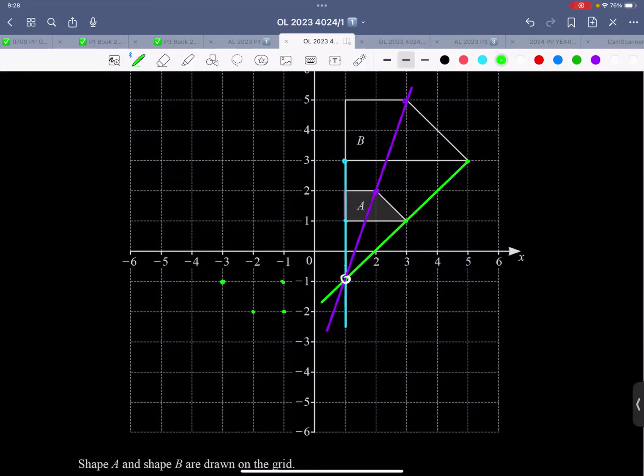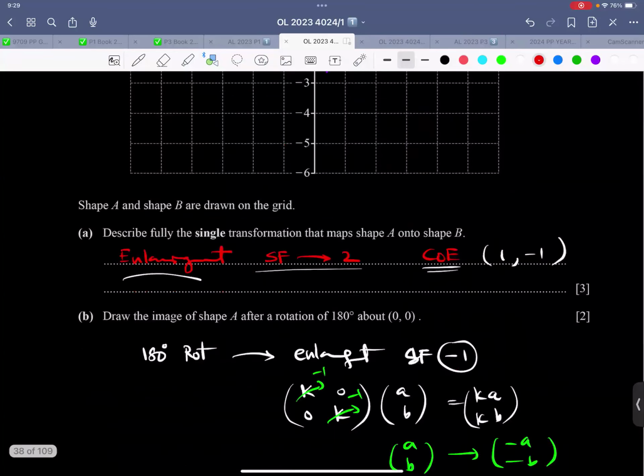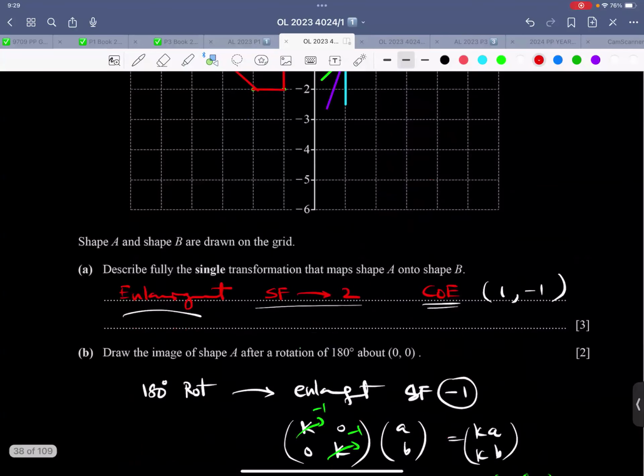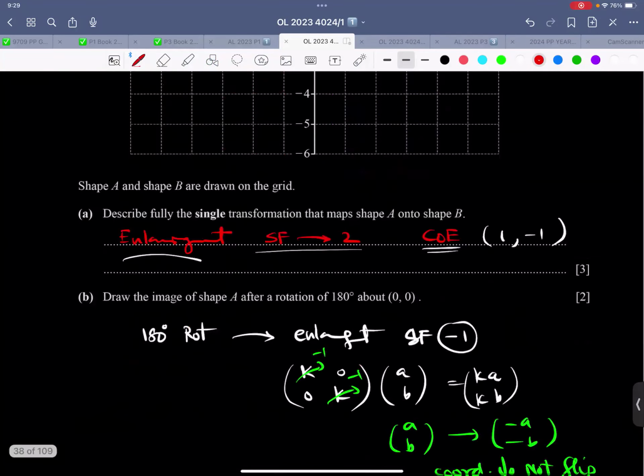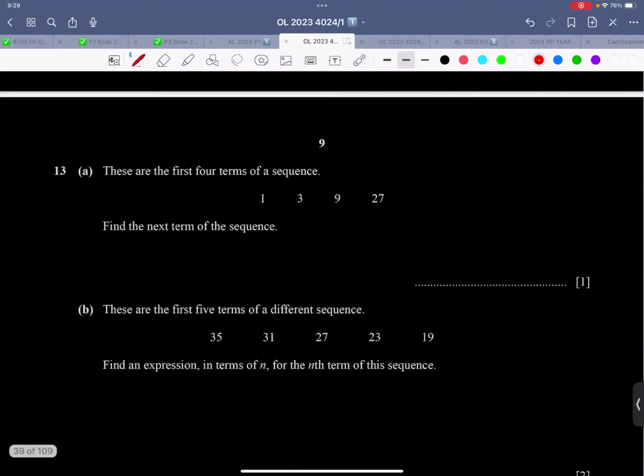So now all you have to do is join this figure. And I'm joining it like this. This is upside down. And what is the name? Image of shape A. So let me simply write, this is A'. That is the image of shape A. So this thing is also done.